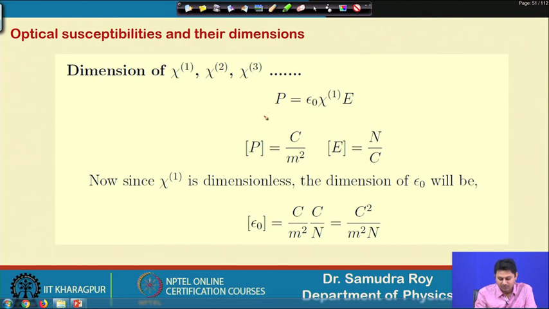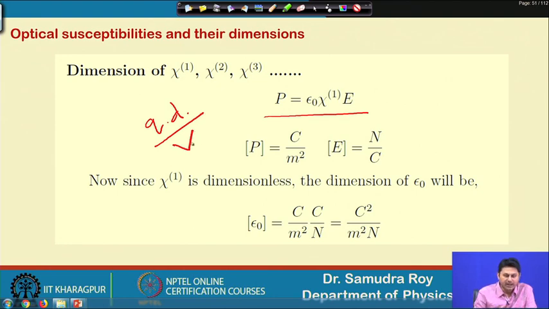In linear polarization, it is related to E, and there is a proportionality relation. P is the polarization term, and it should have some dimension, and we know that polarization is a dipole moment per unit volume. Dipole moment is nothing but charge into distance, divided by the volume.